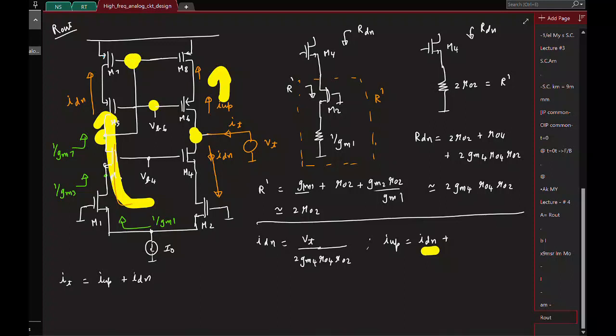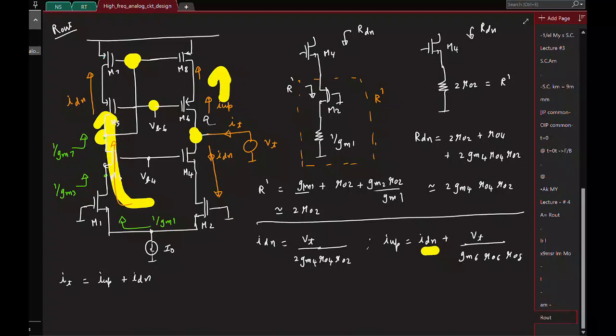What is the impedance the drain sees looking up? Assuming that the gates are grounded, because we have taken the contribution due to the gate, so we can ignore it for now. What is that? Is that fine?